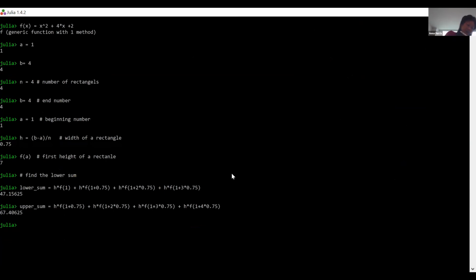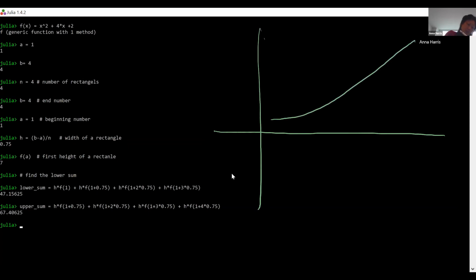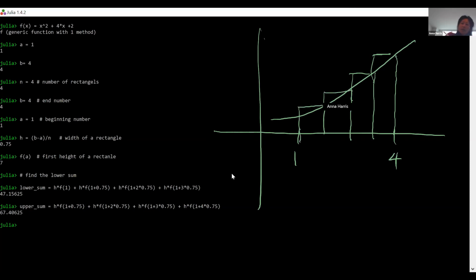Let me just go and draw my picture again. So upper sum, when you add those upper sums, the upper sum is equal to 67.406.